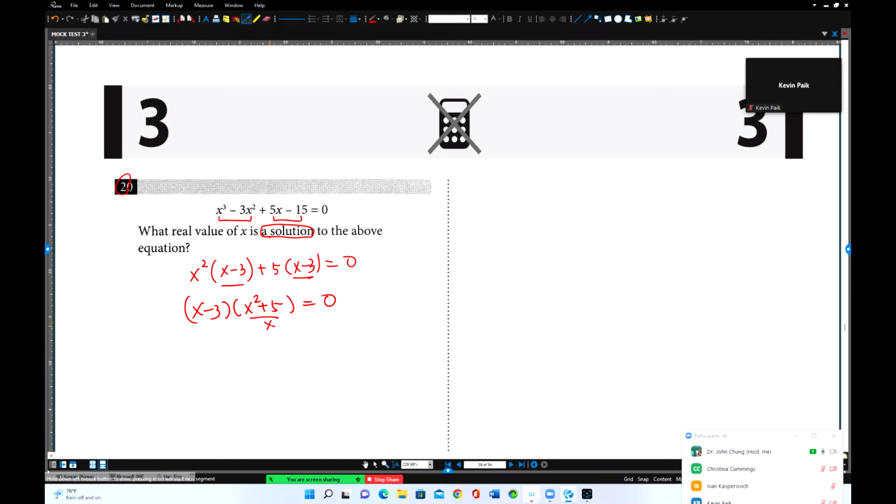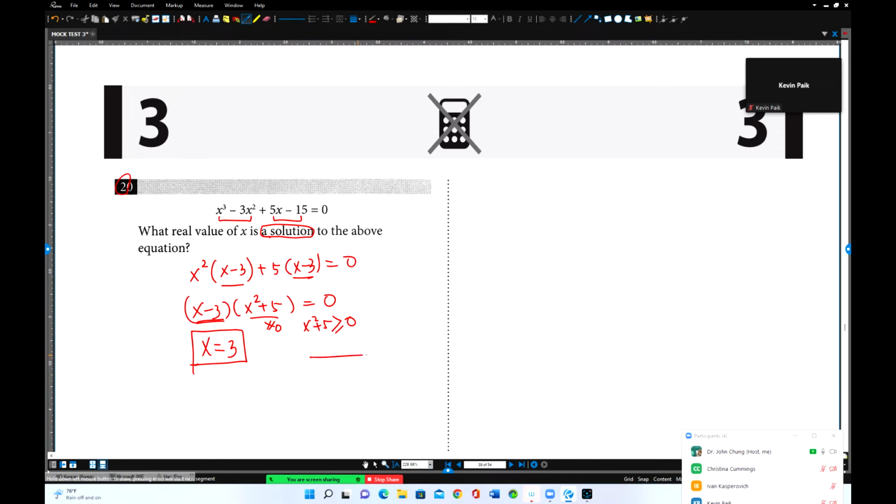But this will never be 0, okay? Because x squared plus 5 is always positive. It cannot be less than 0 or 0. It should be greater than or equal to 5. The only thing we can make 0 is the first factor. So x equals 3. That's only one solution over here, okay?